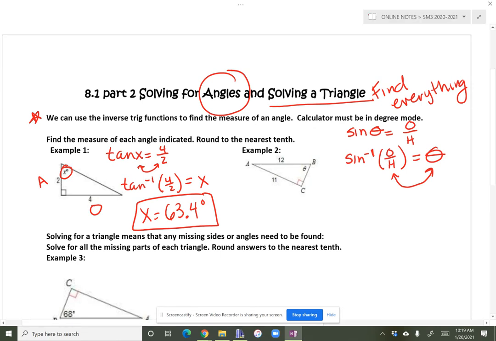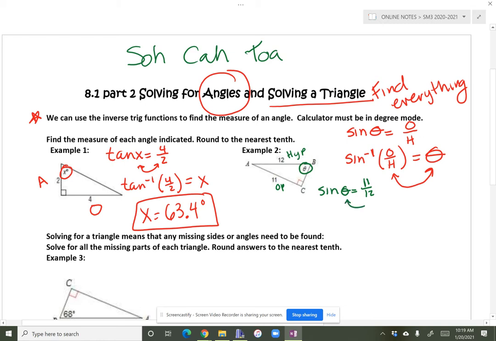In the next one, again, the first thing I'm going to do is identify what I'm solving for, this theta, and then label my sides. This side's the opposite, and this side's the hypotenuse. So the one I use is the one with O and H. Remember, we've got SOHCAHTOA. The one that uses that is sine, so I would write sine of theta equals O over H, or 11/12.